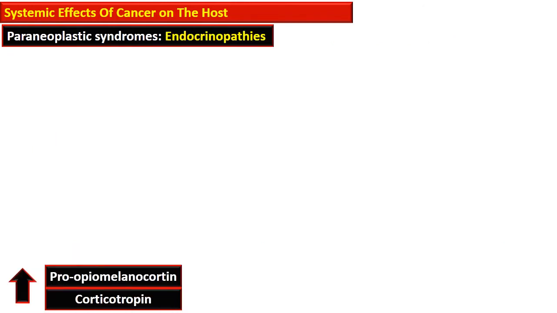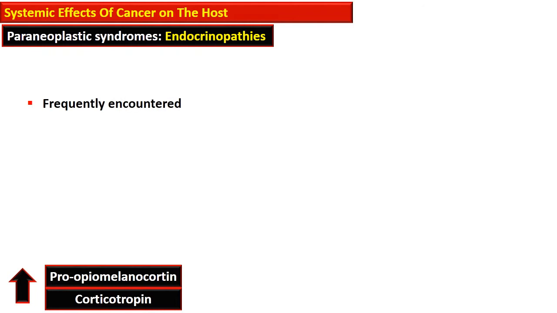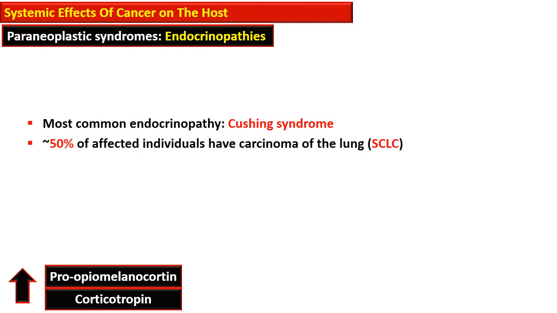One of the manifestations of paraneoplastic syndrome is endocrinopathy. The responsible cancers are not of endocrine origin, but there is ectopic hormone production by the secretory activity of these tumors. These are frequently encountered, and the most common endocrinopathy is Cushing syndrome, and 50% of affected individuals have a small cell carcinoma of the lung.